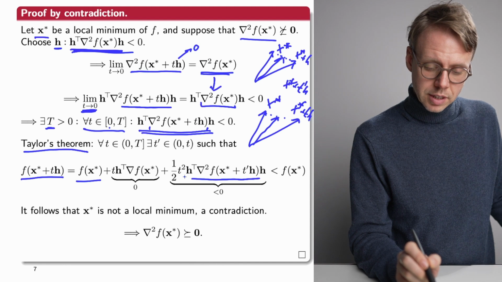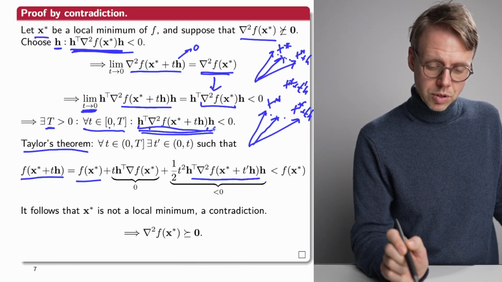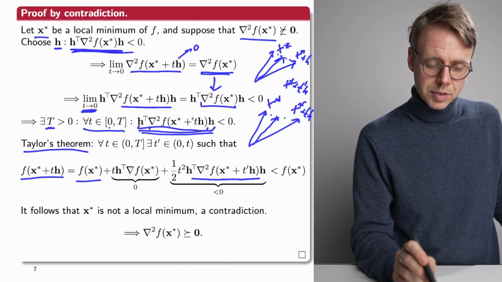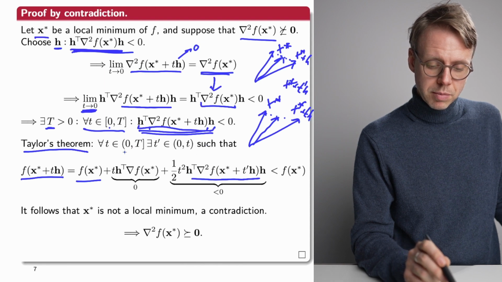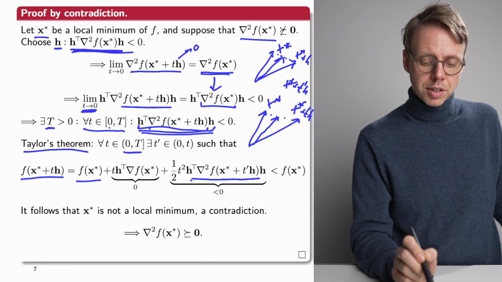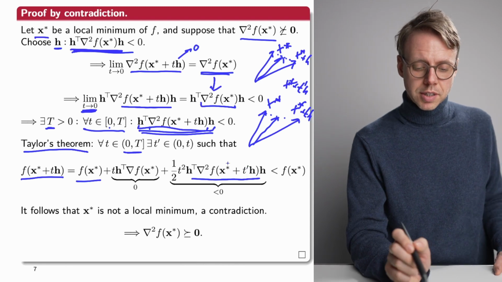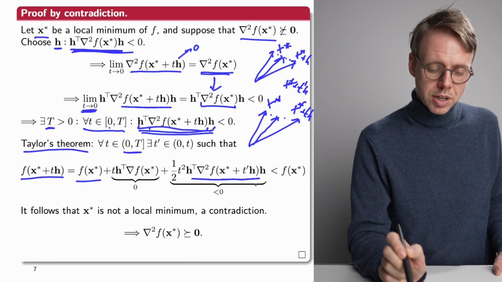And of course, we just showed that this value for all the t's in the interval between 0 and capital T has to be smaller than 0. So it also has to be the case for t prime, which also is in this interval. So this term is smaller than 0.